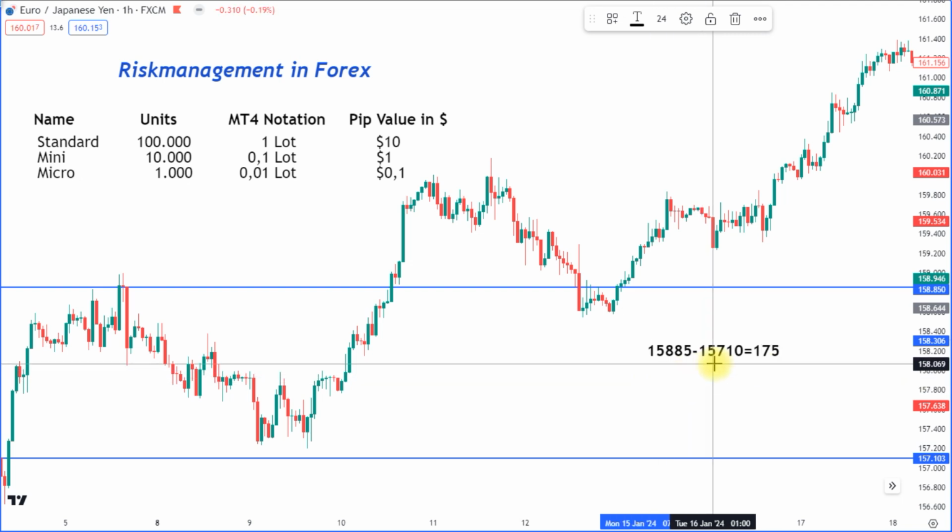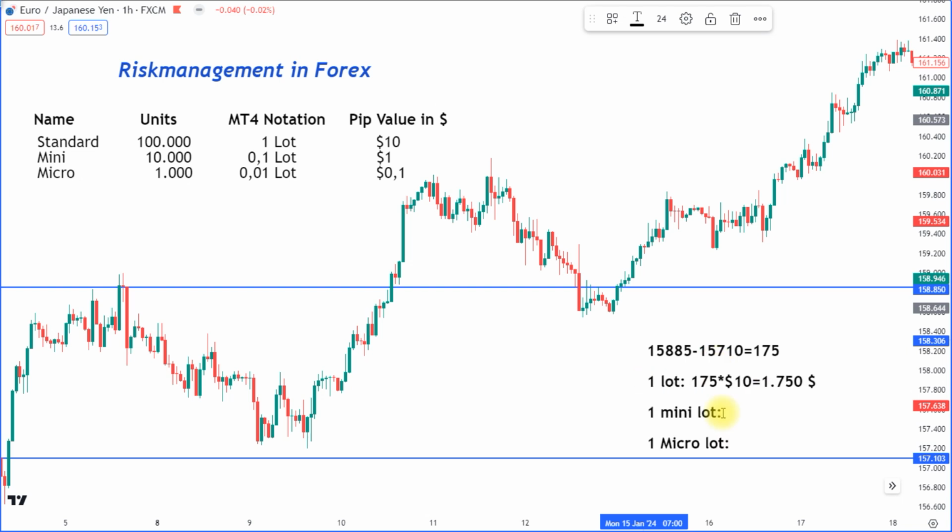So this means for us, if we are trading 1 lot, 175 times $10, which is a risk of $1,750 for 1 lot. So 1 mini lot would be 175 times $1. Easy calculation. This would be $175.